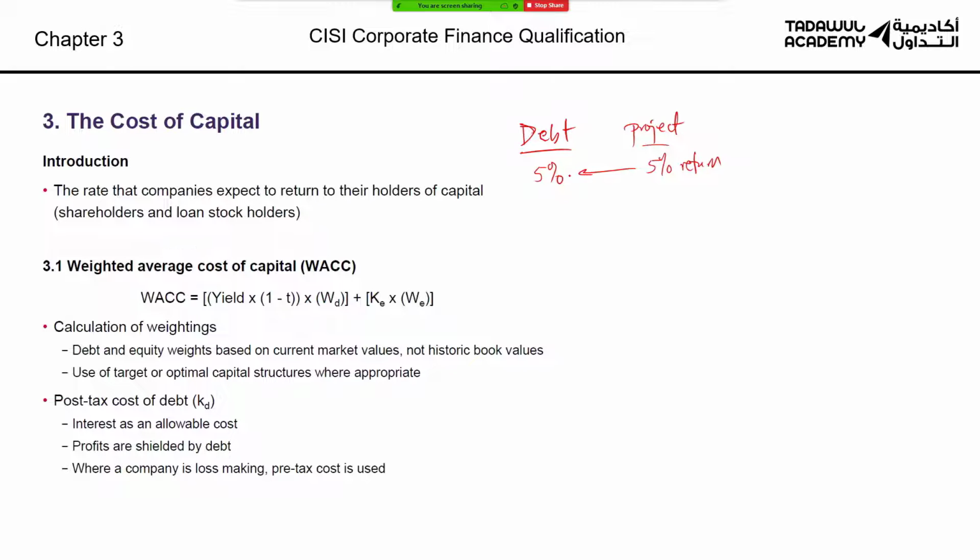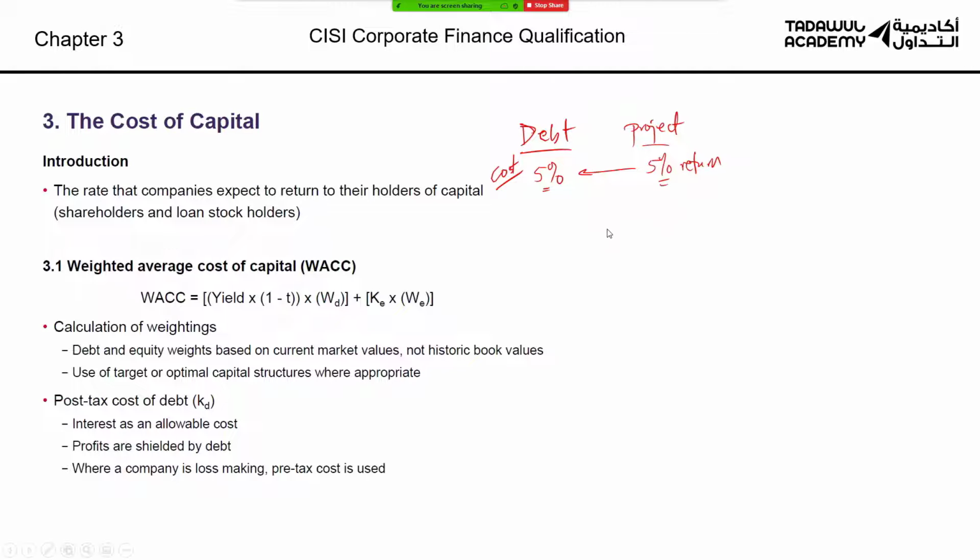In order for you to cover the cost of 5%. You used the money you borrowed, the debt, to invest in that project. So the interest on that debt, which you have to pay a bank, is your cost. And that company should cover the cost at the very bare minimum.